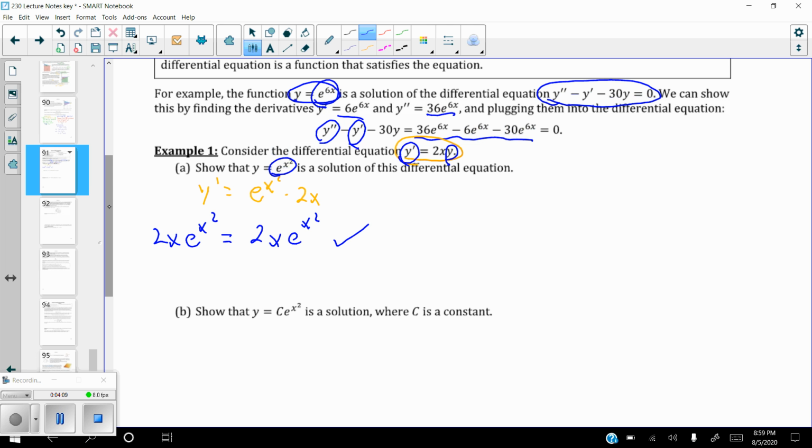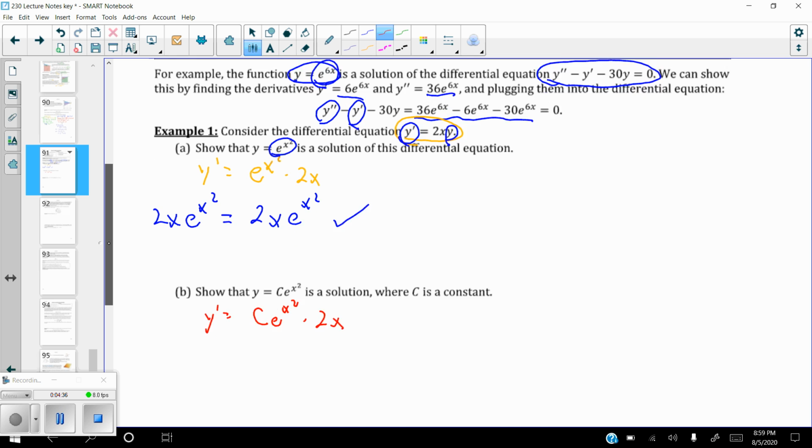Okay, let's go ahead and show now that y equals c e to the x squared, where c is some constant, is also a solution to exactly the same differential equation. So what I need to do is I need to find y prime. So we're going to do y prime. C is a constant, so it stays there. E to the x squared, and then times the derivative of the exponent, which once again is 2x.